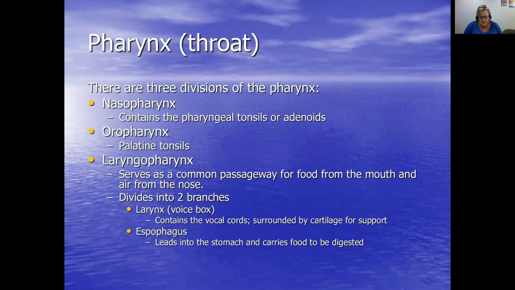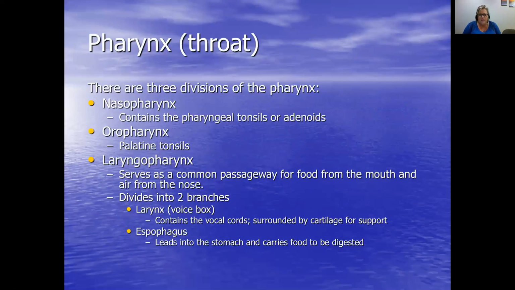And number 9 on the diagram is the first branch, and that's the larynx, or the voice box. So if we look at the word laryngopharynx, we see laryngo, that means voice box, and pharynx means throat. So number 9 is the voice box, and this is where the vocal cords are located and surrounded by stiff cartilage for support.